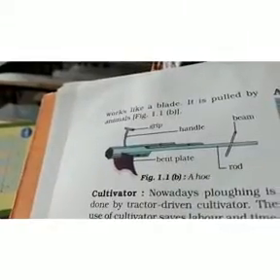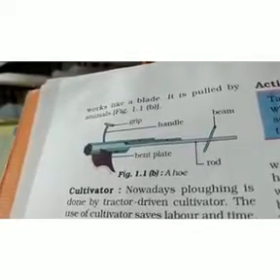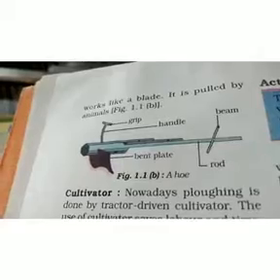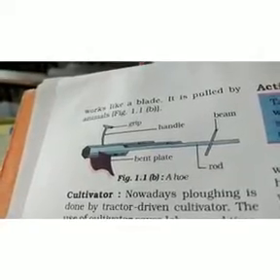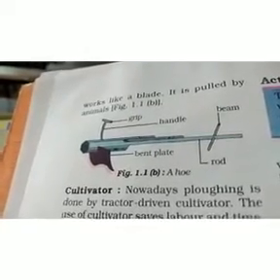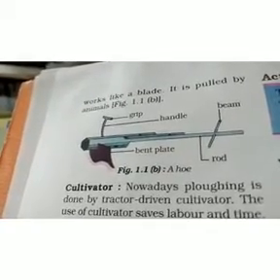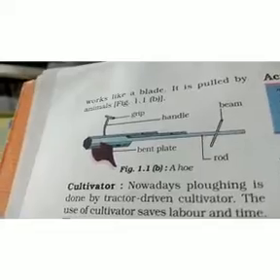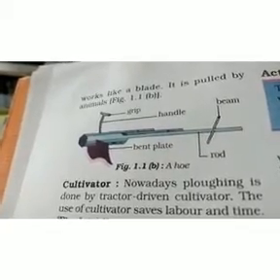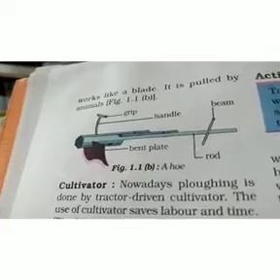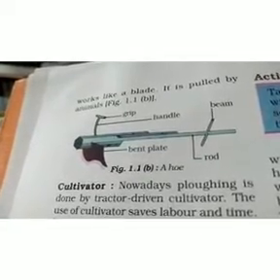Now you can see the picture of a hoe. Hoe is not only used for tilling the land, that is loosening the soil, it is also used for sowing seeds. For two purposes a hoe can be used. So which all implements did you see for loosening and turning the soil?